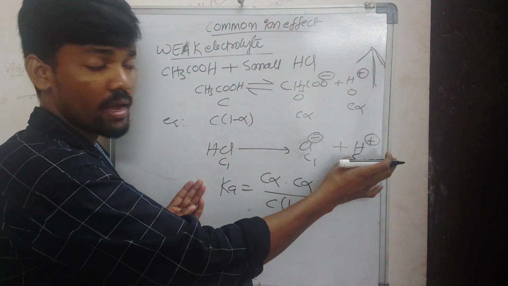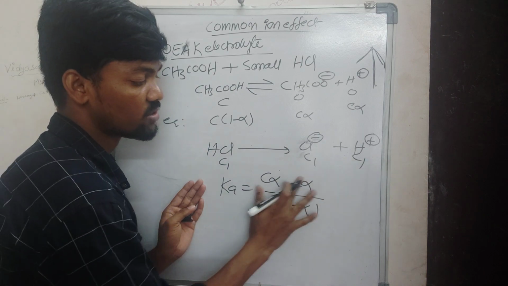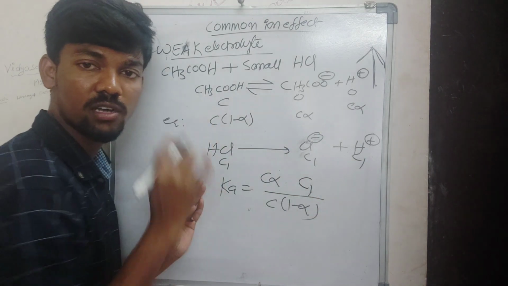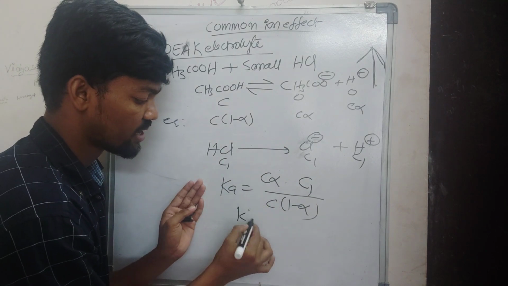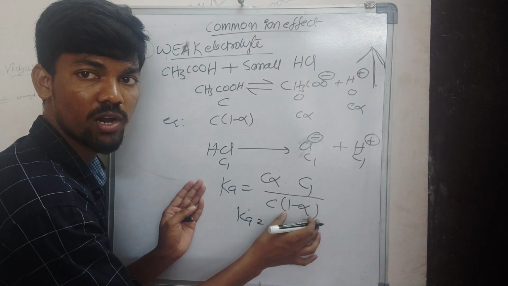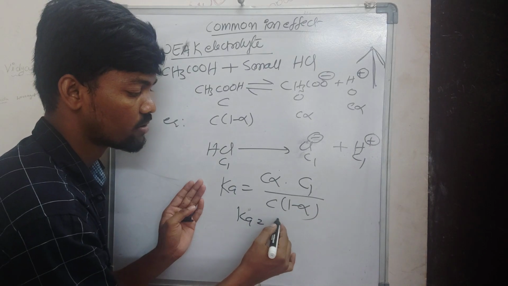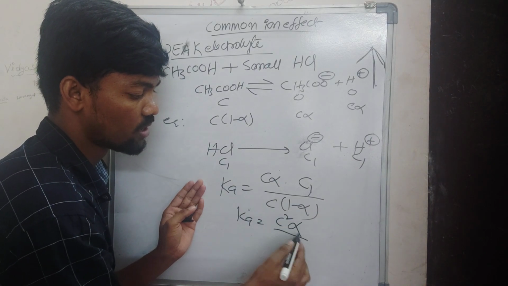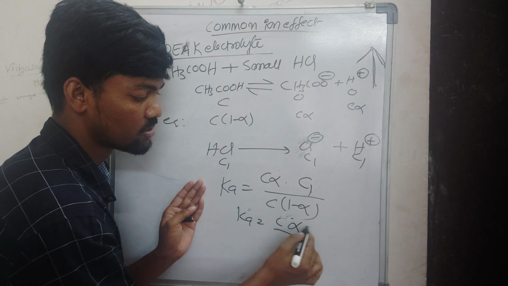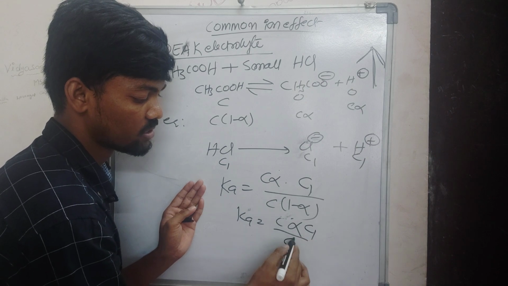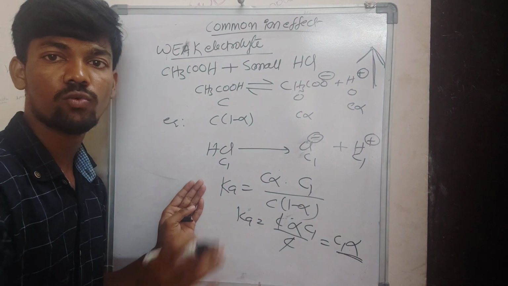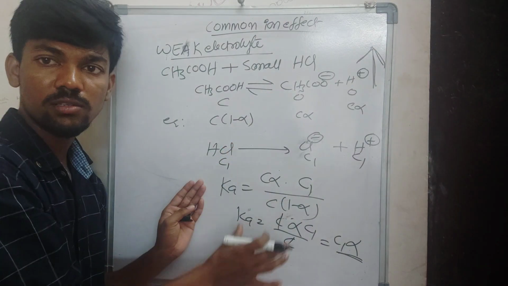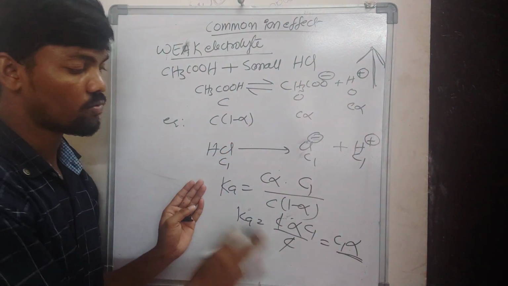We have to add this concentration to get the K value. Finally K is equal to, since the alpha value is negligible, C1 alpha. By this you can easily find the value.